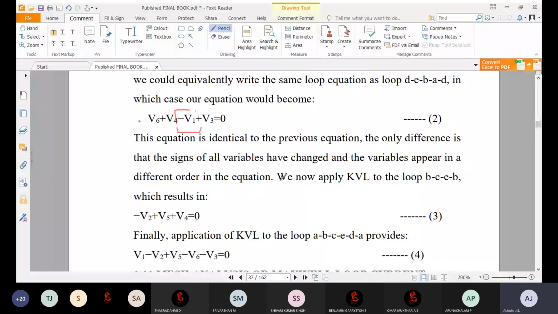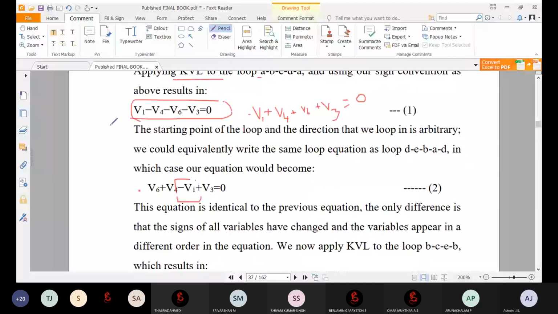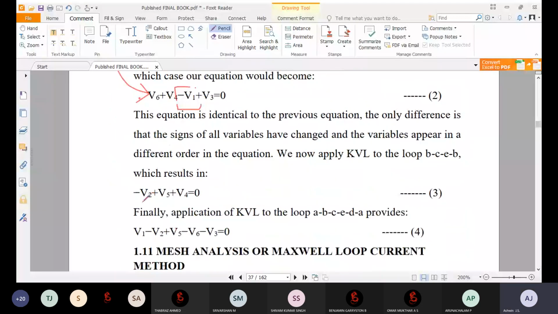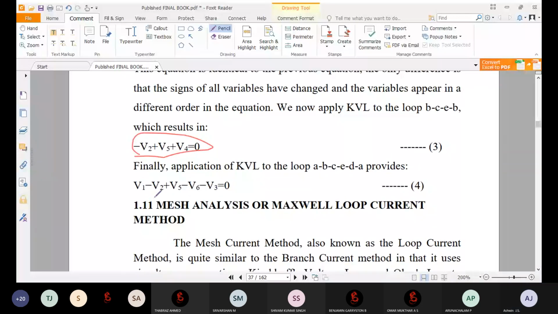Okay, they are rearranging the equation. So they applied the negative sign. Similarly, this is, I think, the loop 2 equation, and the last one is the loop 3 equation.